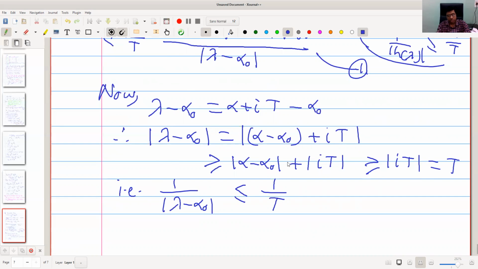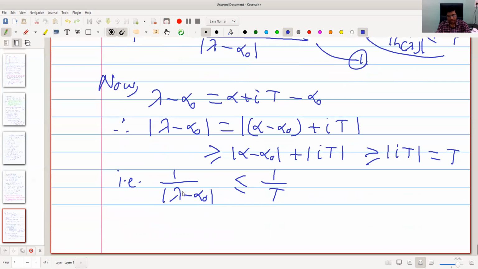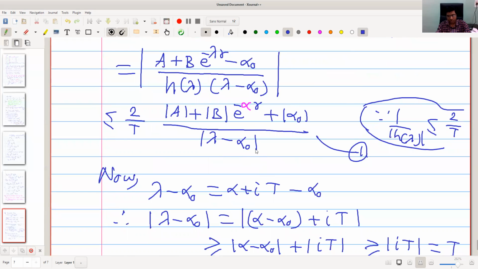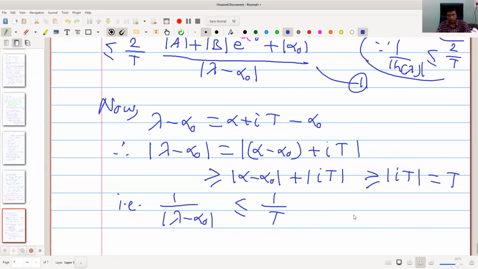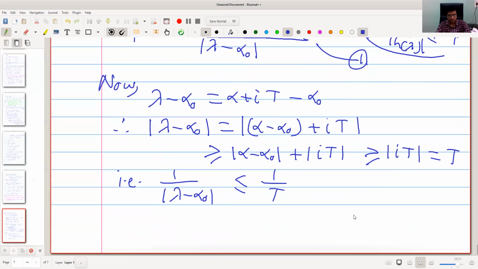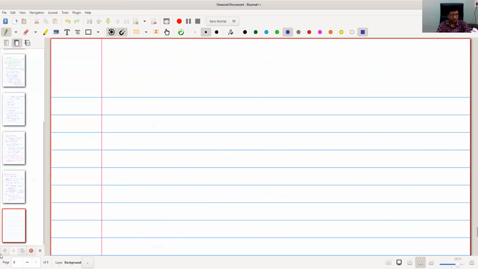Now I can replace 1 upon mod of lambda minus alpha 0 in 1 by 1 upon t. Therefore by 1, the left hand side is mod of g of lambda.